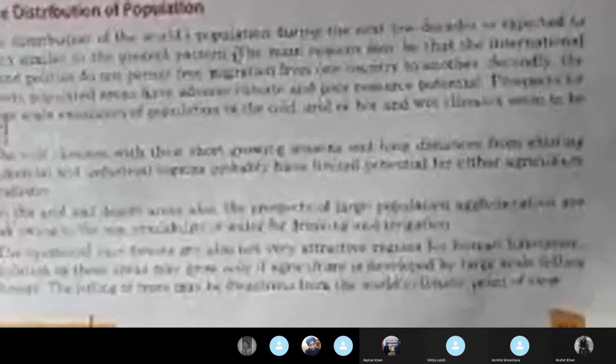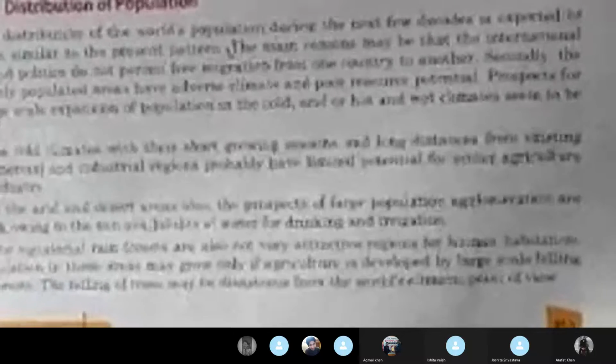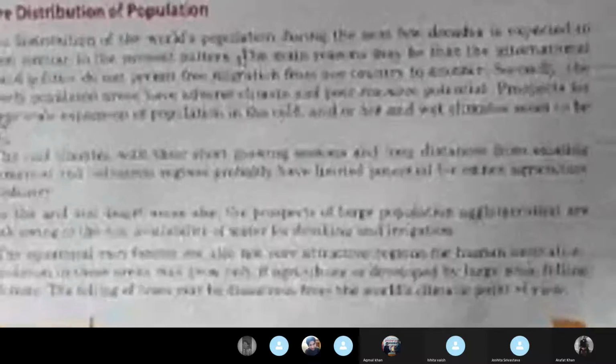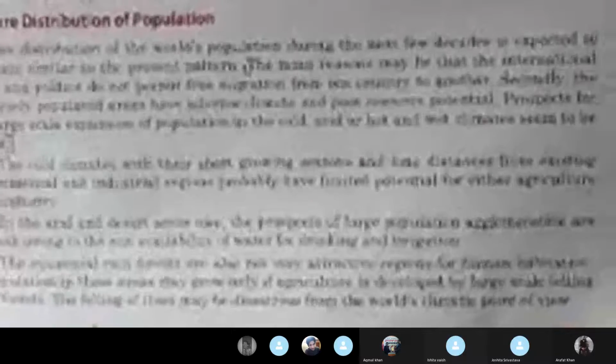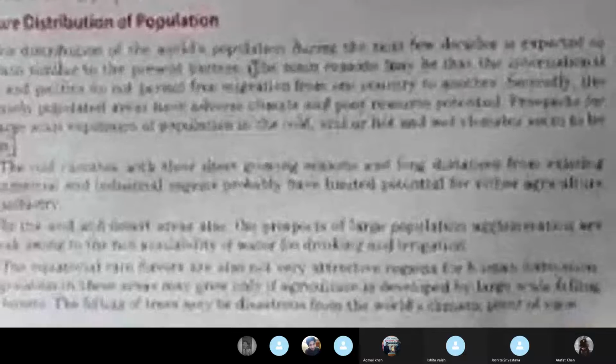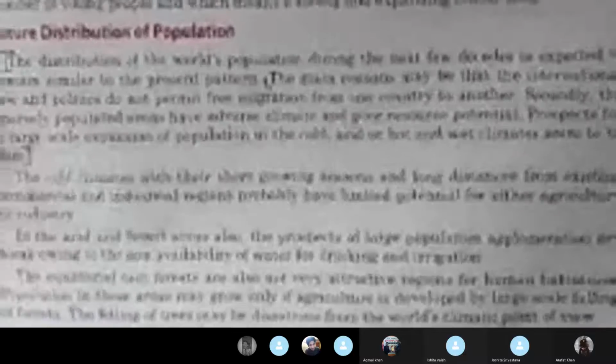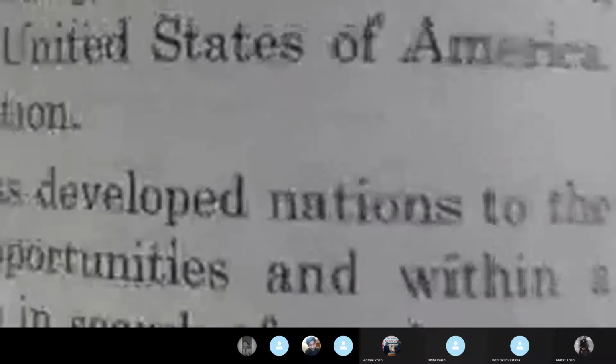Prospects for a large-scale expansion of population in the cold, arid, or hot and wet climates seem to be dim. This is your answer 6-4. Coming to 6-5. Discuss the population problems related with developing countries.